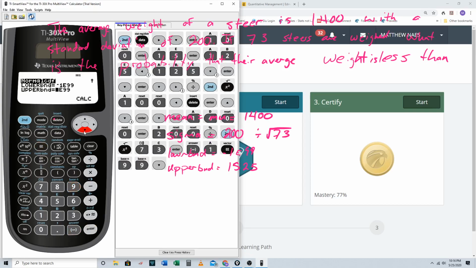And then this changes to 1,525. Again, it's going to be really big. It might be really close to 1. Yeah, basically 1. Roughly, if you round, it's going to be 100% that the average weight is less than 1,525. So maybe I should have chosen a better average weight, but again, I'm making these questions up, so I just want you to know how to enter these things in.